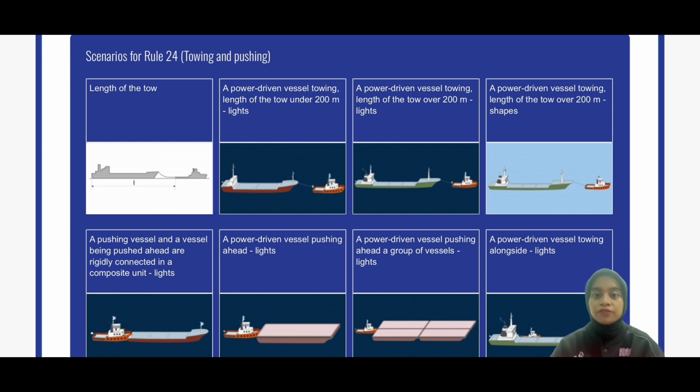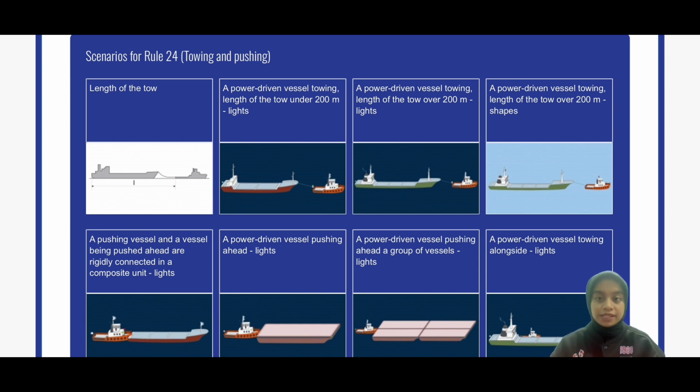When a pushing vessel and a vessel being pushed ahead are rigidly connected in a composite unit, they shall be regarded as a power-driven vessel and exhibit the lights prescribed in Rule 23.